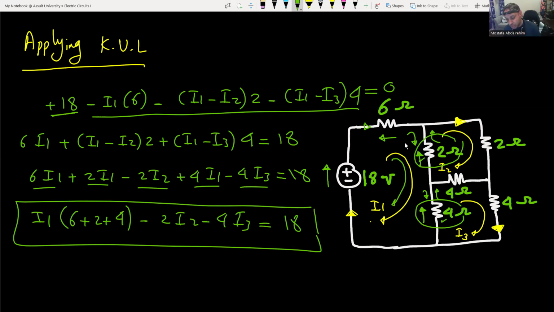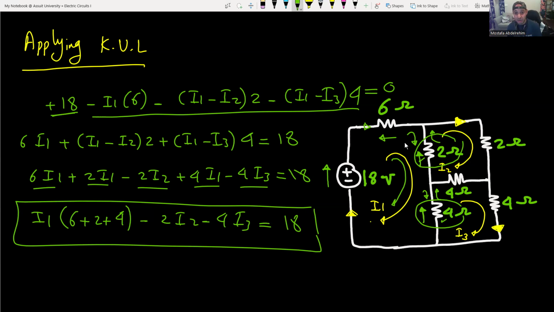So basically, we can construct this equation systematically just by looking at the mesh of I1.